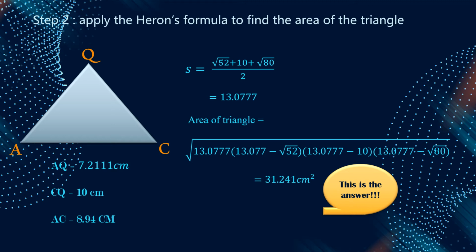You'll get 13.0777. Then you should find the area of the triangle, so you just square root it, but don't forget to multiply it with 13.0777, which is S, and you'll get the answer 31.241 cm square. Isn't it easy?